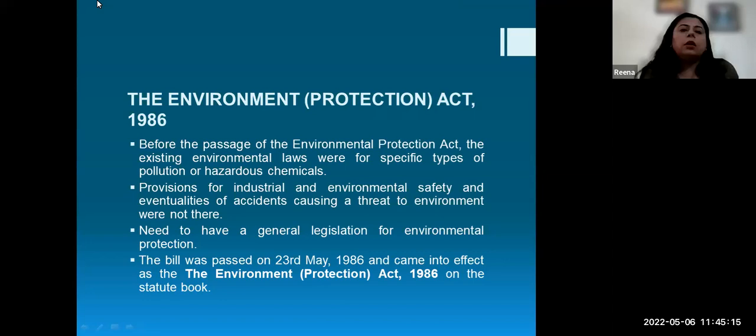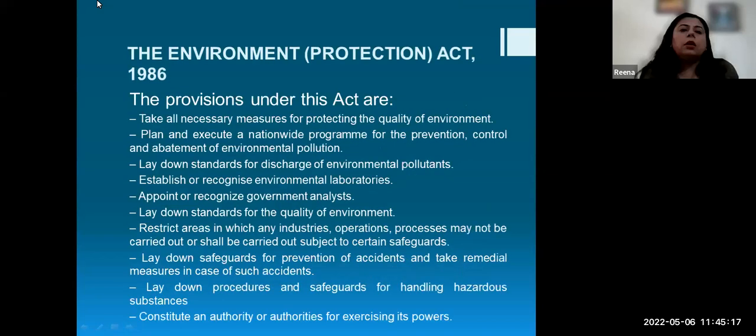It provided for all necessary measures for protecting the quality of environment and laid down standards on discharge of pollutants. It also established a network of environmental laboratories. In our country there is a network of environment laboratories at the CPCB and SPCBs as well, NABL accredited environmental laboratories.